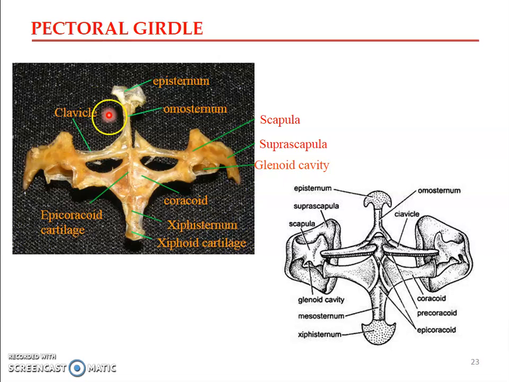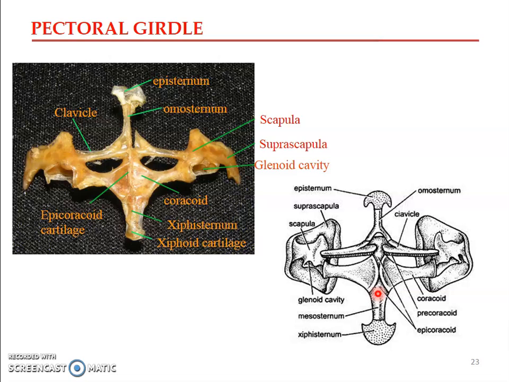You can see here it meets, the two parts meet. And this part you can see here is very clearly marked. This is the epicoracoid cartilage. Okay, so these two bony structures meet mid-ventrally by the epicoracoid cartilage.